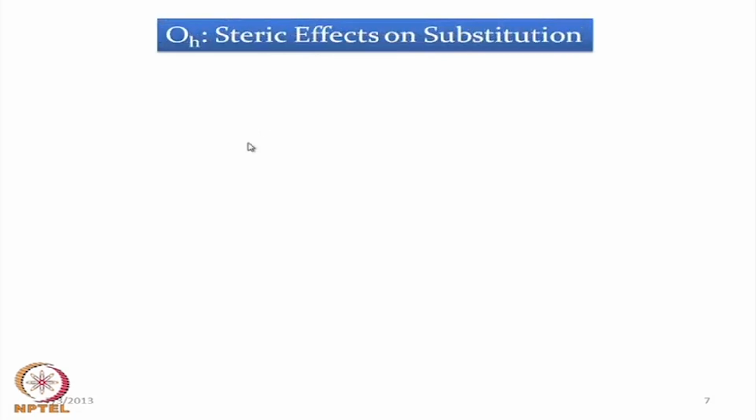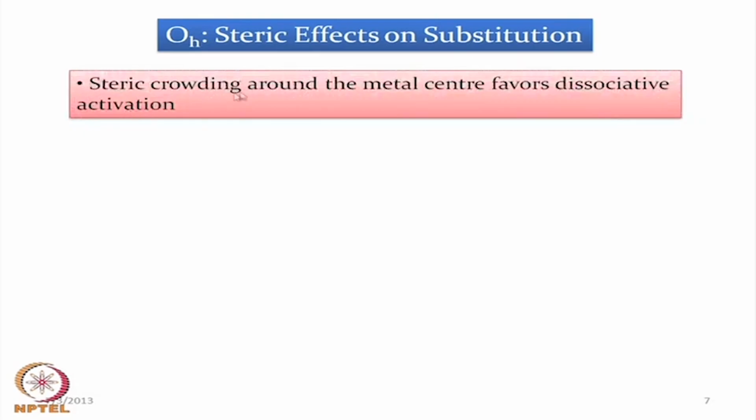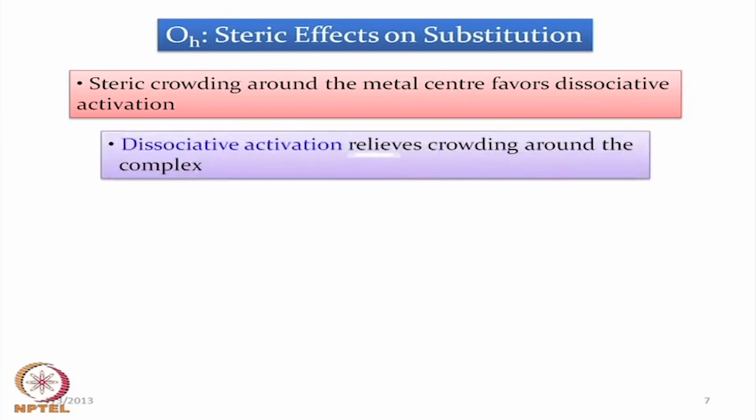Then, like square planar geometries, we can have steric effects on the substitutions. Steric crowding around the metal center favors the dissociative pathway, that we have seen also for the square planar geometry.